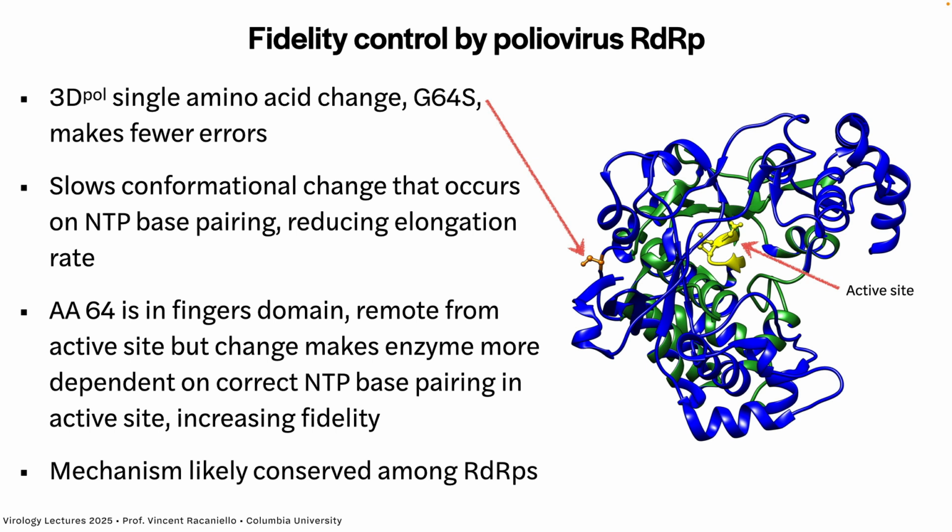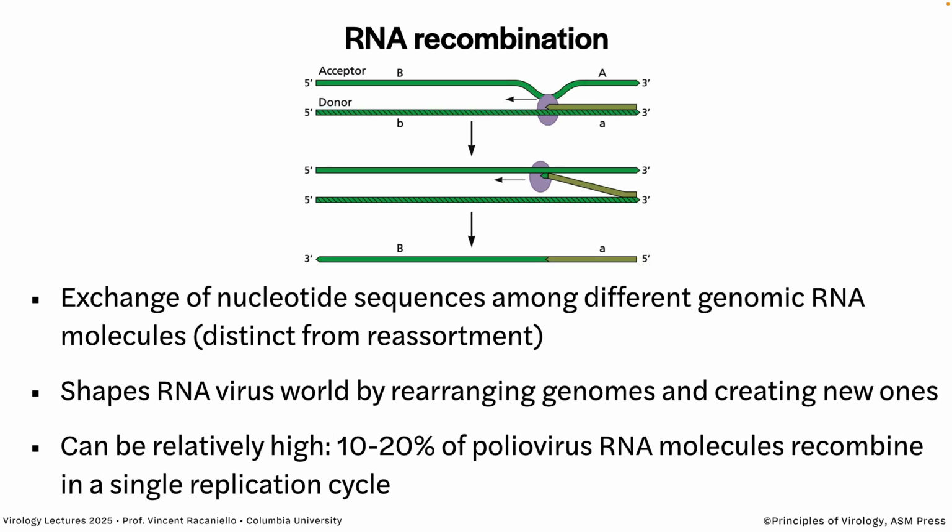So that's fidelity control. There's another aspect of mutation in plus-strand viruses, which is RNA recombination. That's exchange of nucleotide sequences among different molecules. This is totally distinct from reassortment. So here we have a cell infected with two different plus-strand viruses, one green, one hatched green. And so the RNAs are both being copied in the same cell.